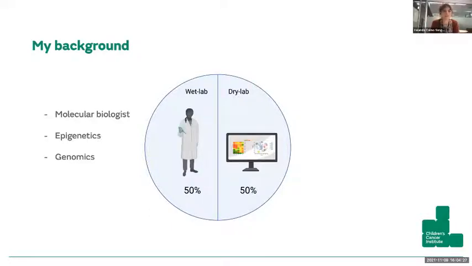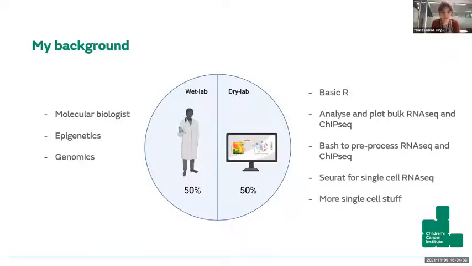That's why during my PhD, I decided to learn bioinformatics in order to be able to analyze my own data. So I'm mostly self-taught, and I'm telling you this because if I was able to learn it, everyone else can, and I really encourage everyone to at least try and give it a go.